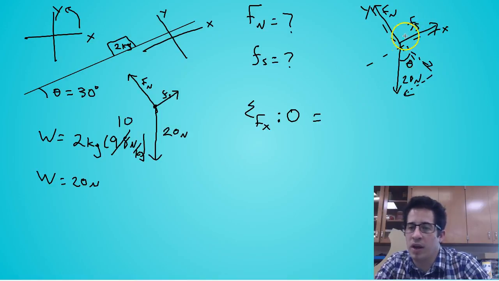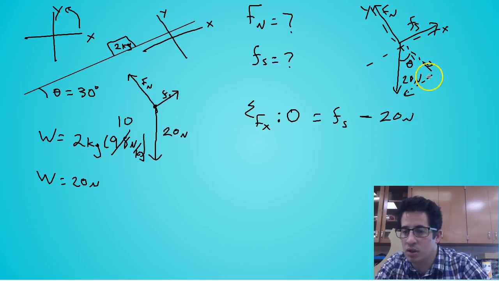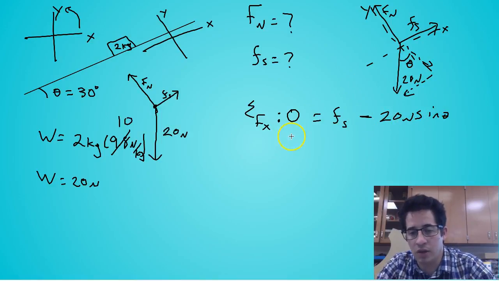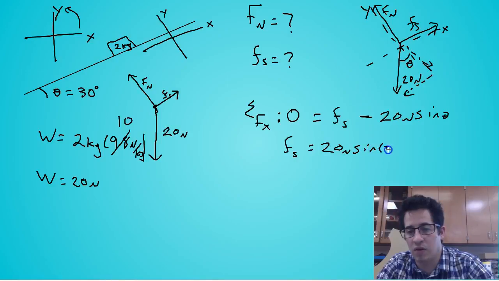We have static friction pulling it up in positive x, so Fs, minus, coming back down the ramp, we have this horizontal component of gravity, so it's 20 newtons times, since this now is the opposite side, 20 newtons times sine of theta. And so then static friction would be equal to 20 newtons times sine of 30 degrees, which I believe makes it 10 newtons of force pulling it up the ramp to keep it in place.